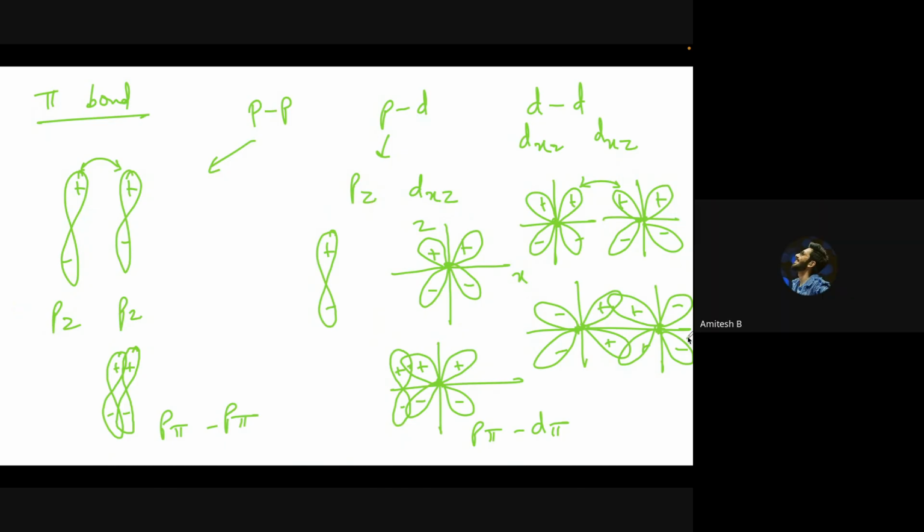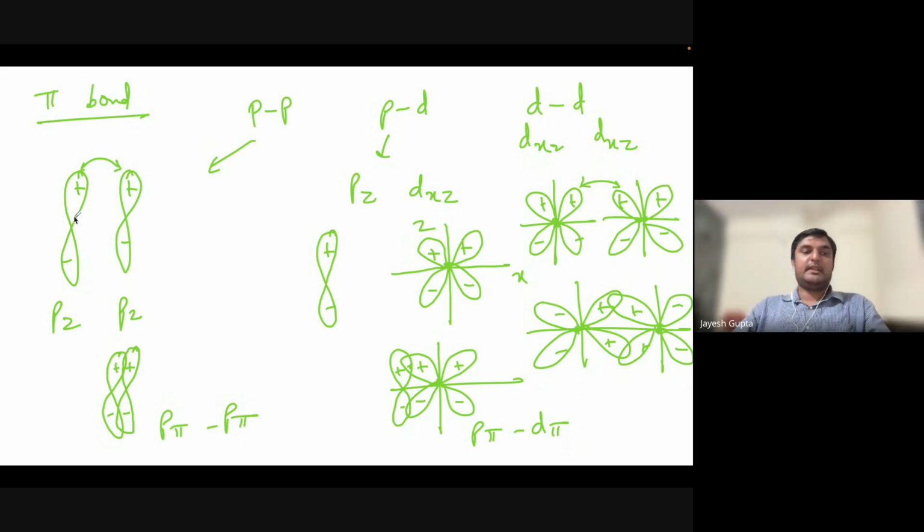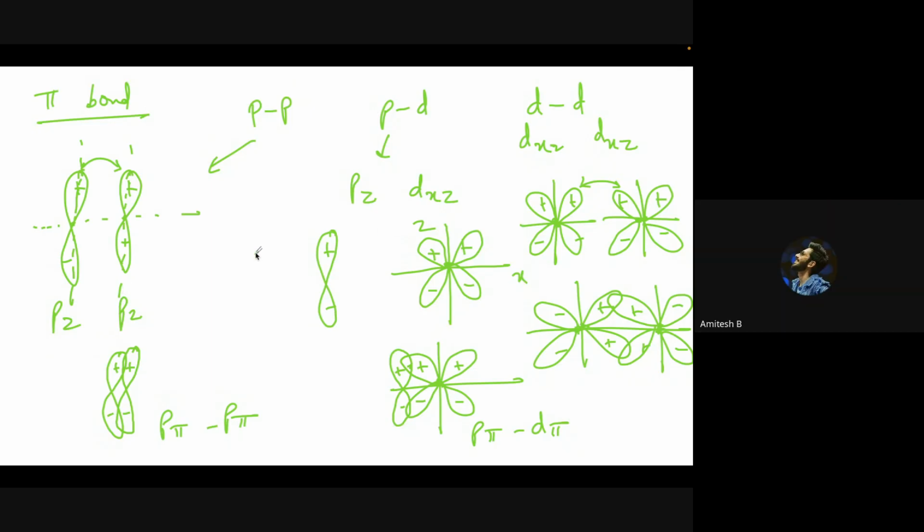Like there will be two axes, no? Suppose if I take this pz, one axis is like this and one axis is like this. Yes, sir. Which axis you are talking about? Sir, like there are always two axes which are parallel.